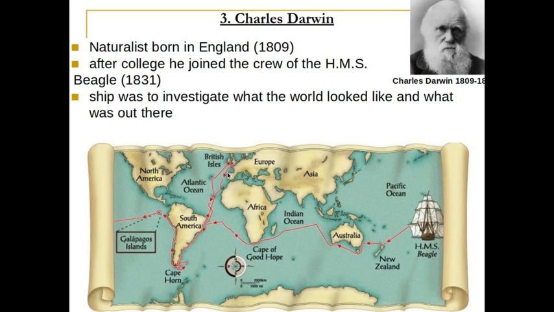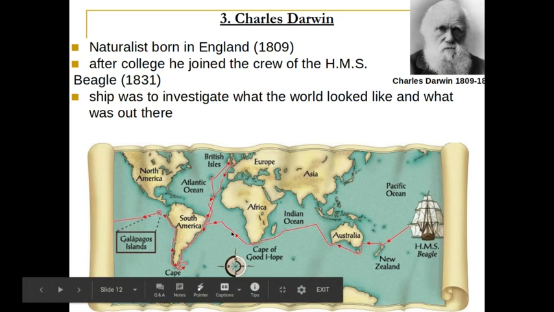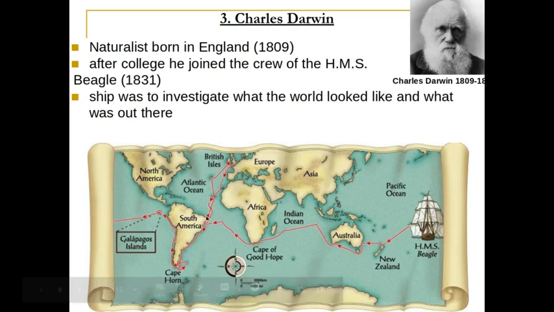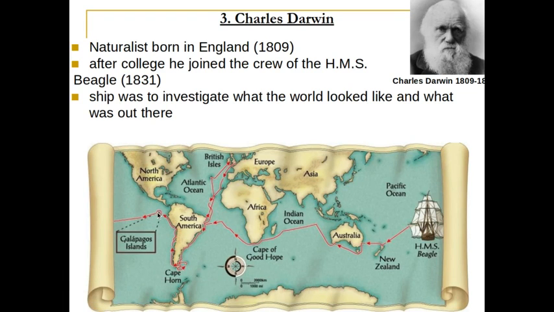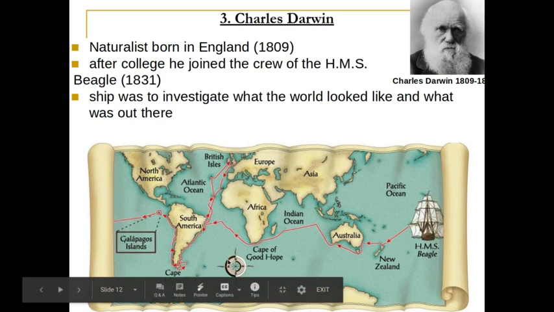They left from the British Isles and sailed down to South America. The arrows are showing here: they go down around the South American tip. They get to the Galapagos Islands, which was a huge influence on Darwin's experience. And then they sailed west towards New Zealand, around Australia, and back again to England.